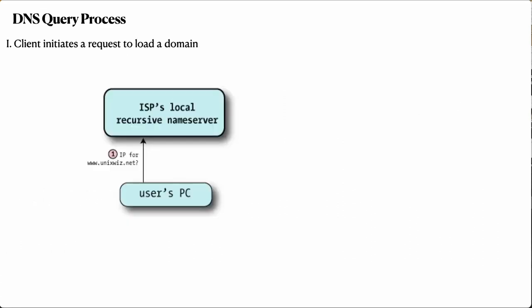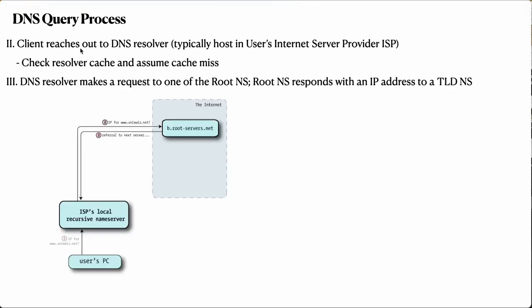And here is what the DNS query process looks like. To start with, the client will initiate a request to load a domain. So the client reaches out to the DNS resolver, which is typically hosted in the user's internet service provider.